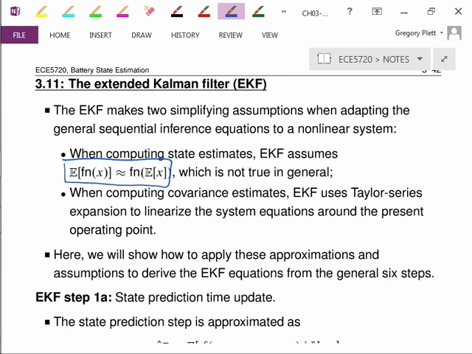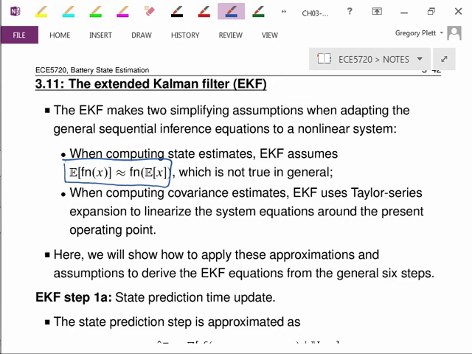And then at different places in the algorithm, when we're computing the covariance estimates at the output of some nonlinear function, the EKF uses a Taylor series expansion to linearize the system equations around that operating point, and it throws away the higher order terms. So we keep only the linear terms in the expansion. And again, this approximation is not going to be perfect.